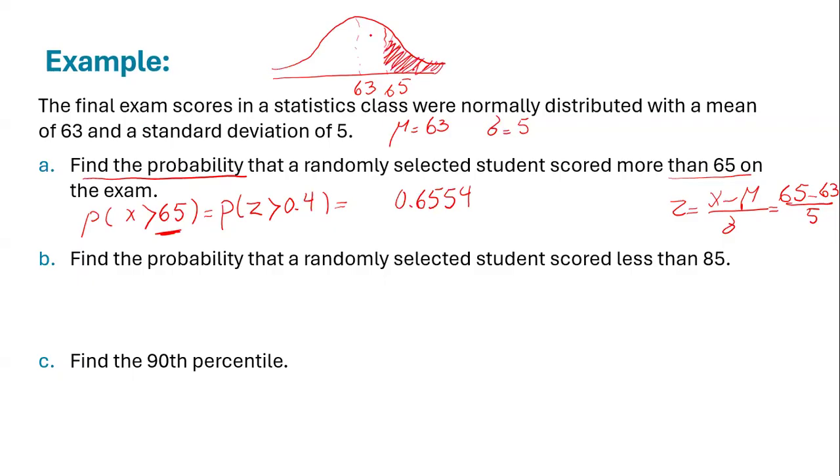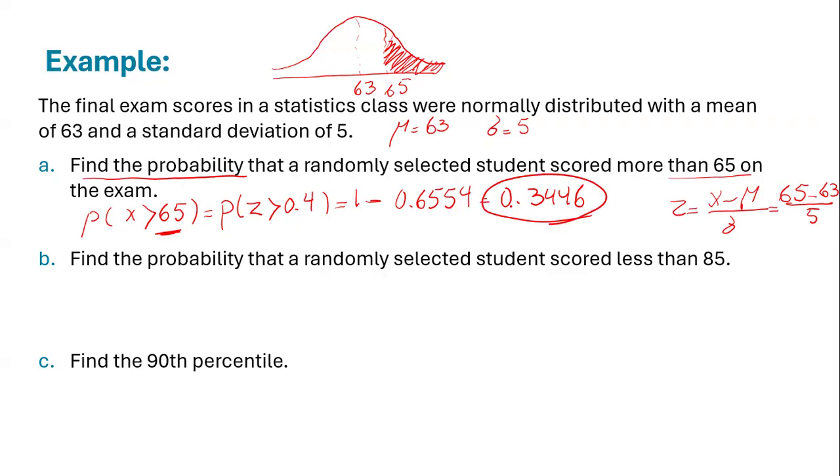That means you're trying to find the area to the right. But the number that you get from the table is the area to the left. So we subtract this number from 1. The answer now is 1 minus 0.6554, which is 0.3446. And that's your final answer.